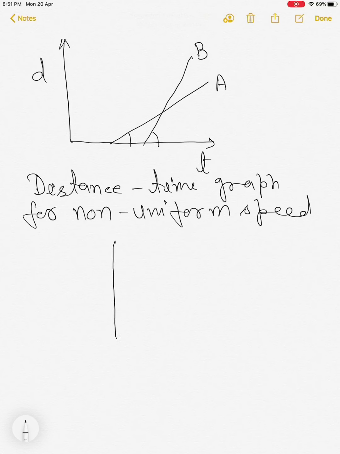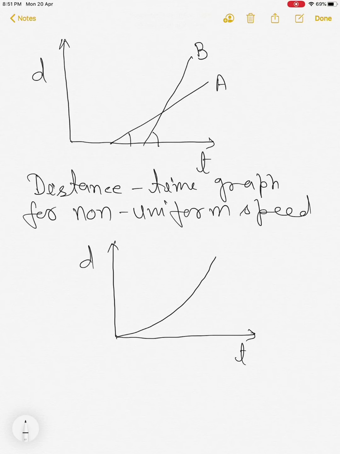It is not a straight line. Its slope is different at different positions. So its speed is not constant, it means it is a non-uniform motion, or it is a non-uniform speed.